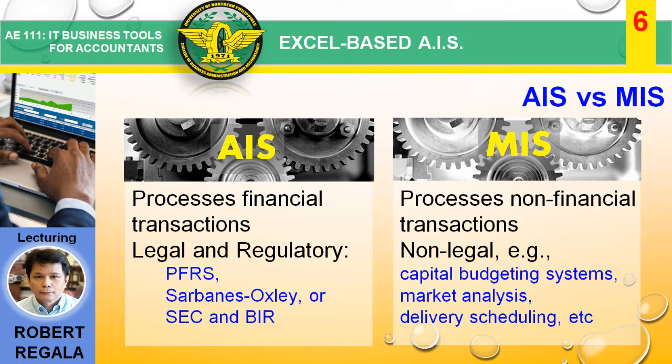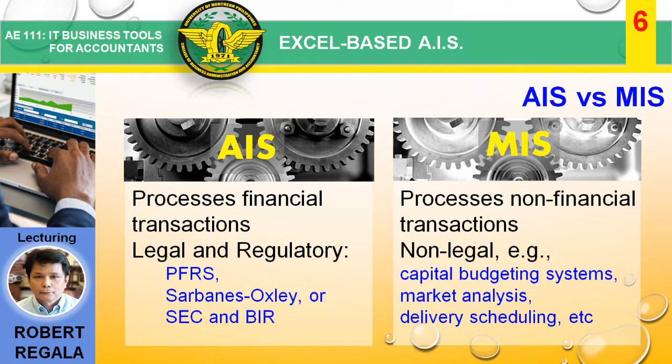Management often requires information that goes beyond the capability of AIS. As organizations grow in size and complexity, specialized financial areas emerge, requiring additional information for production planning and control, sales forecasting, inventory, warehouse planning, market research, and so on and so forth.